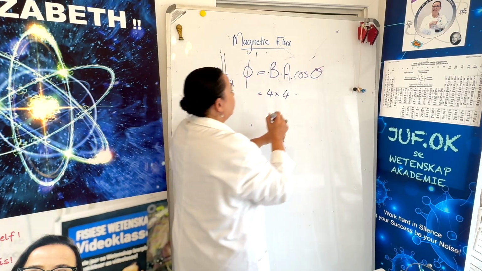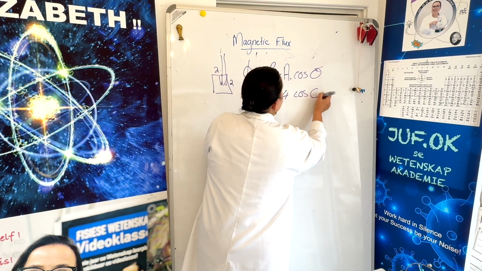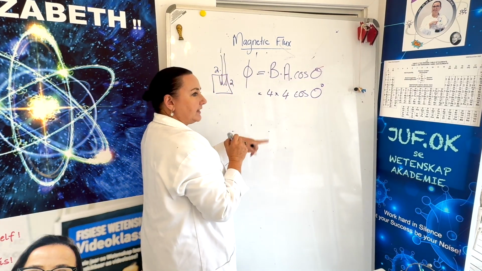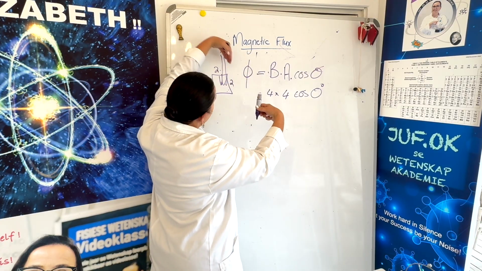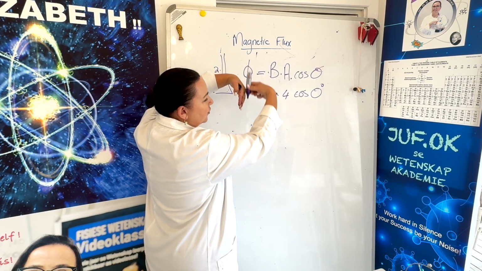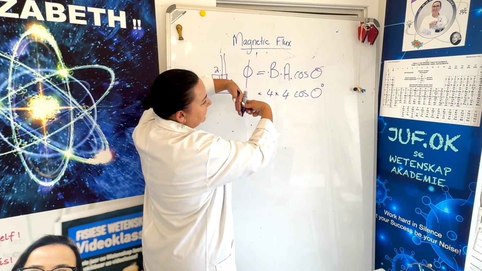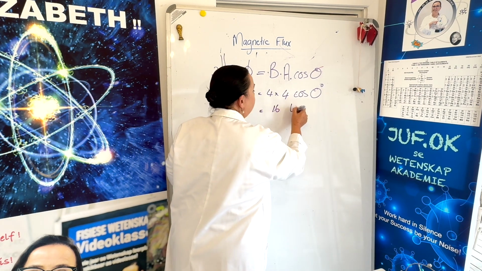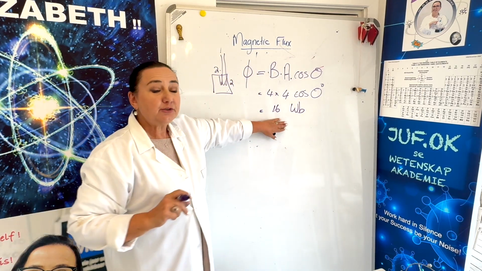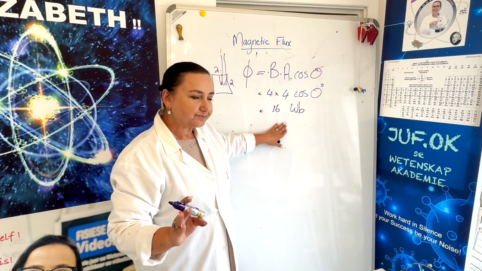That means it's going to be cos 0 degrees. Why 0? Because if it comes full on, the angle between my lines and the normal is 0 degrees. So 4 times 4, that gives me 16 Weber. So that would be my magnetic flux.